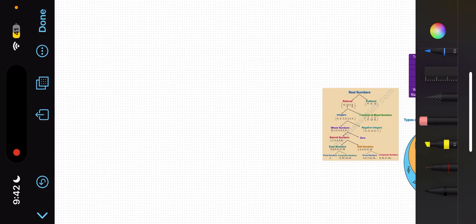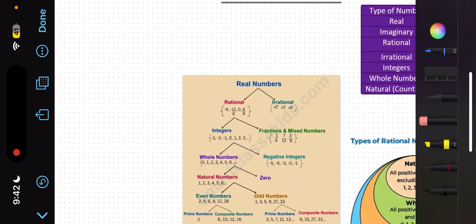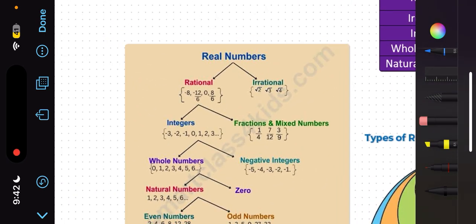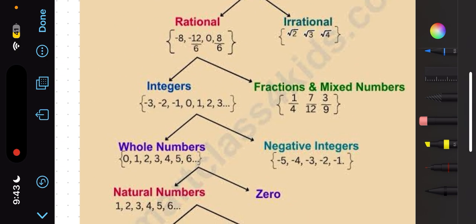Then we have fractions. I've told you what a fraction is. It's a division, a part of a whole. For example, 1 upon 2, 1 upon 4, 7 upon 12, 3 upon 9. Now what are mixed numbers?